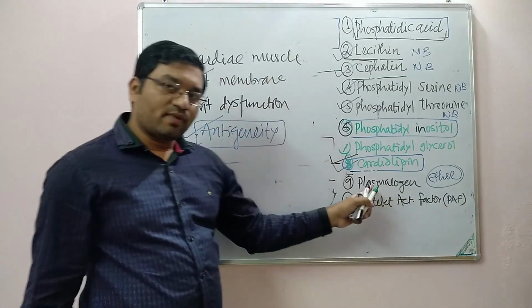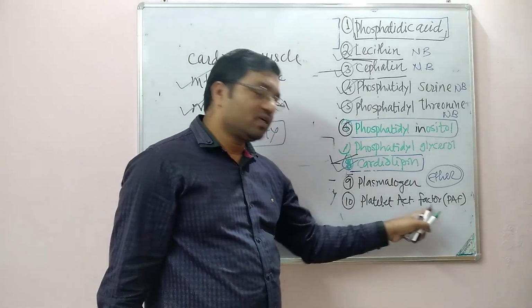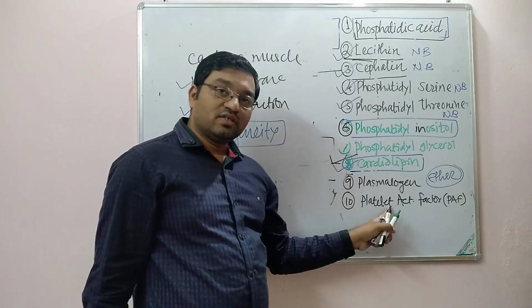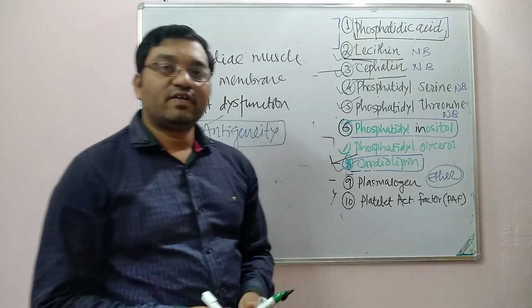Now coming to the ether phospholipids, that is plasmalogen and platelet activating factor. They are components of the plasma membrane. Platelet activating factor is released by the basophils, and its important function is platelet aggregation.